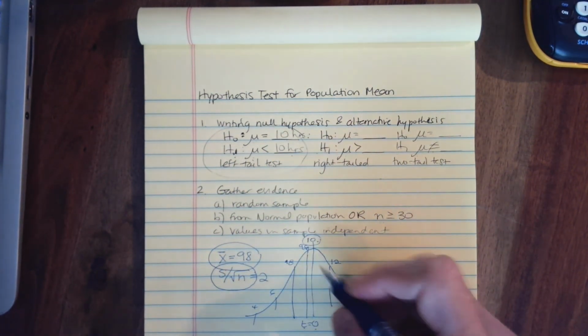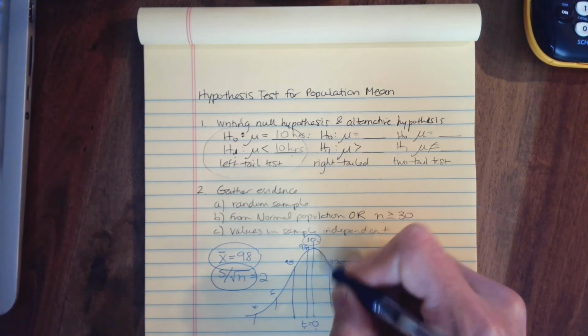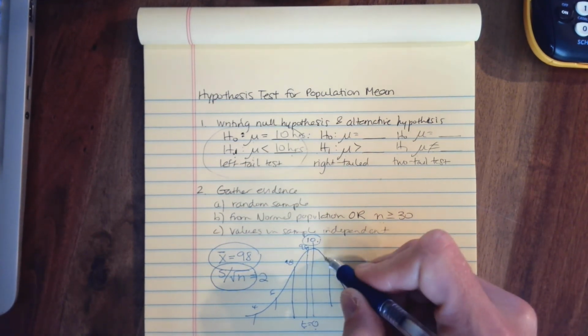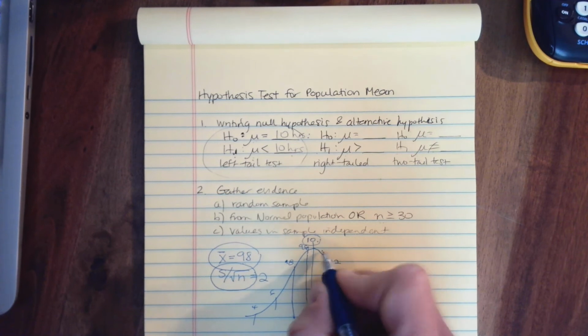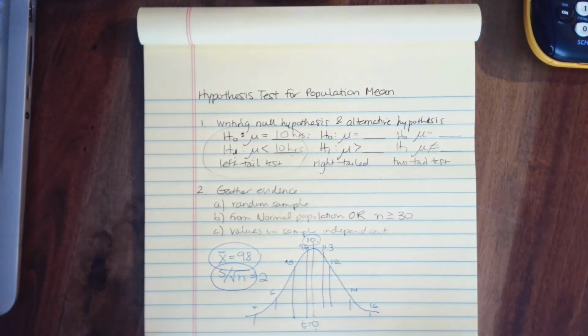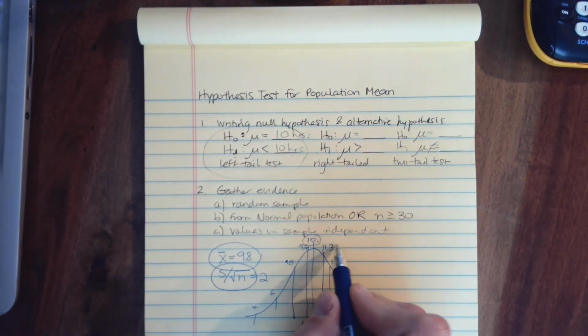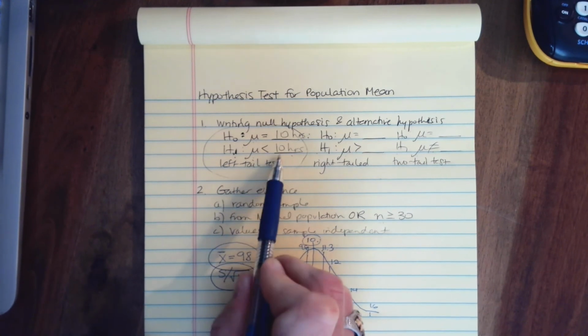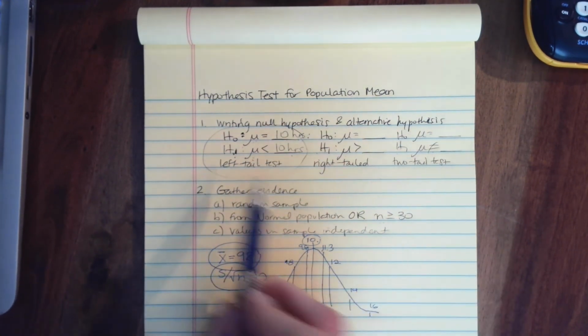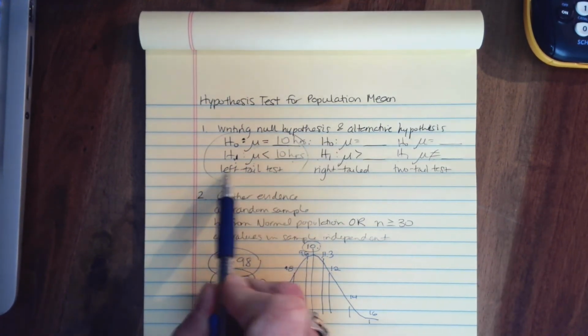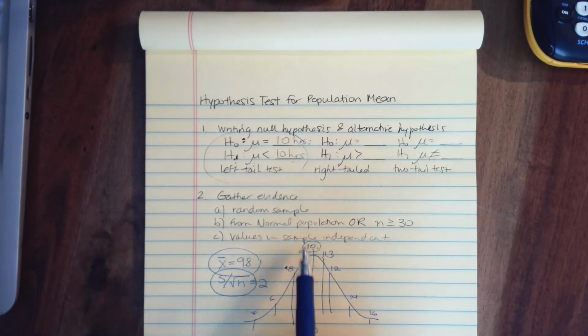Now, certainly if I get a result over here, anything on the right-hand side, maybe like even say 11.3, well, that's certainly not going to convince me that the mean is less than 10 hours. So when I said that this is a left-tailed test, when I'm conducting a left-tailed test, I'm really looking for evidence over here in the left tail.